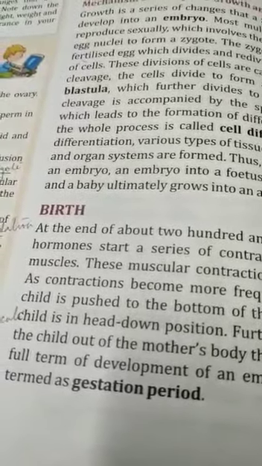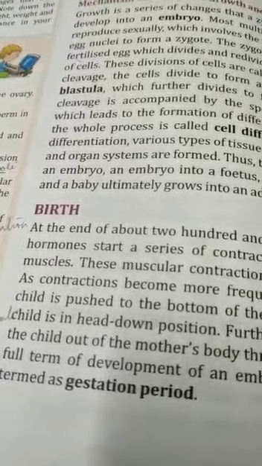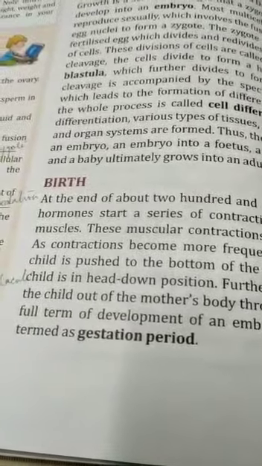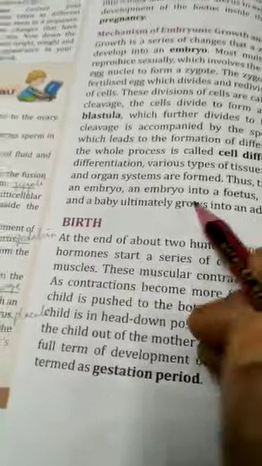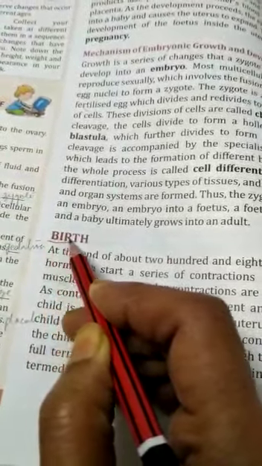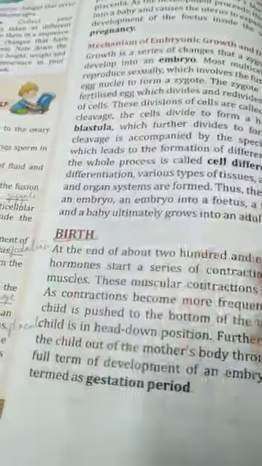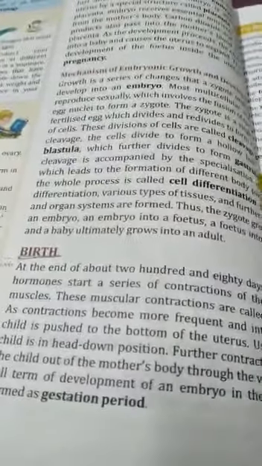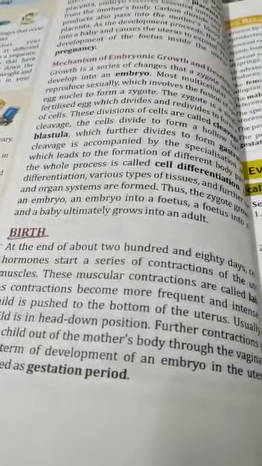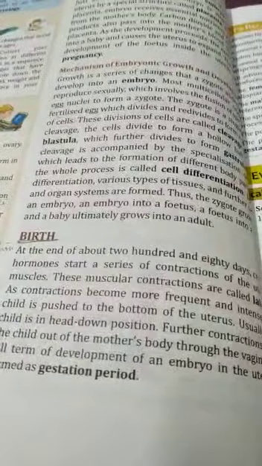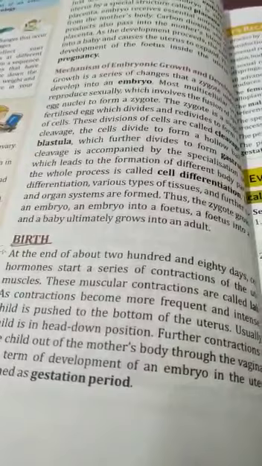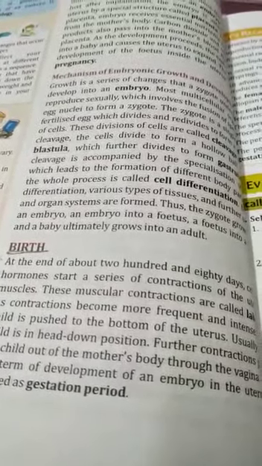Today I am here to complete the lesson, that is the remaining part of the lesson. And without wasting time, let's begin the last part of the lesson, that is birth. So this is the time when all the internal mechanism of the embryonic growth and development has finished.